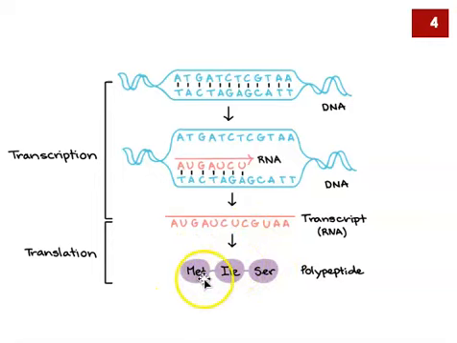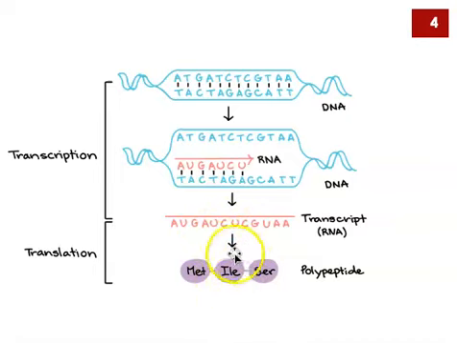So the ribosome, which does the work of translation, is going to read AUG as the first codon on the RNA, and it's going to say AUG is the code for methionine, and it will place a methionine in that first position. Then it will read AUC, and it will know that AUC is the code for isoleucine.